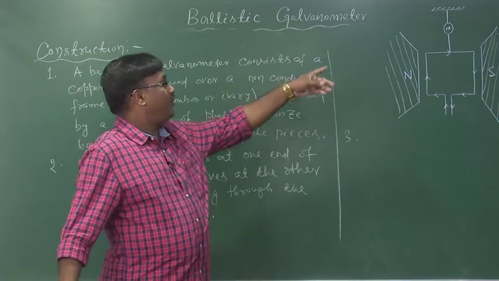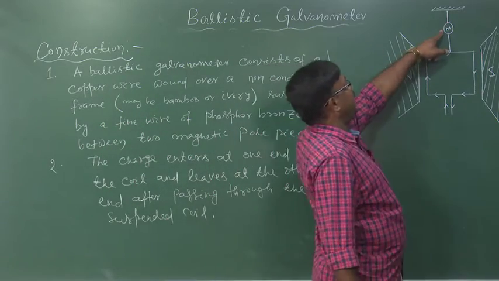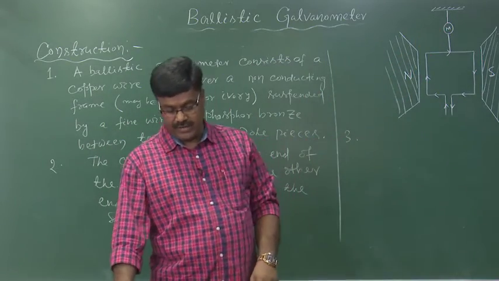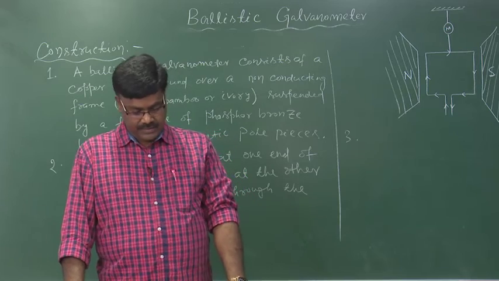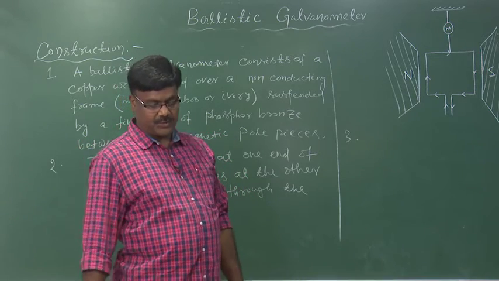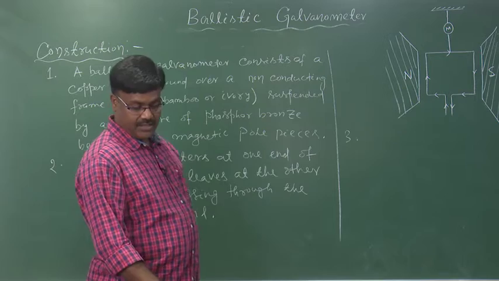Here M is a concave mirror, rigidly attached to the phosphor bronze strip to record the deflection.